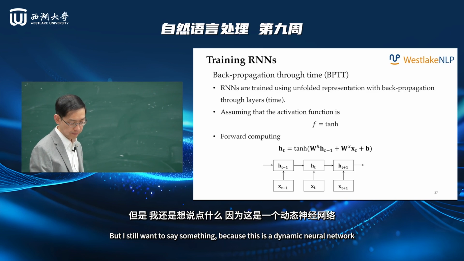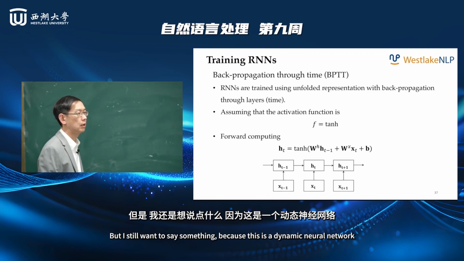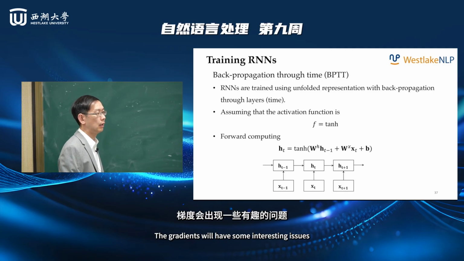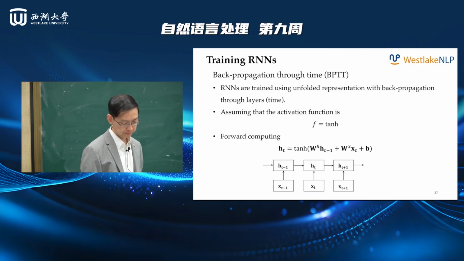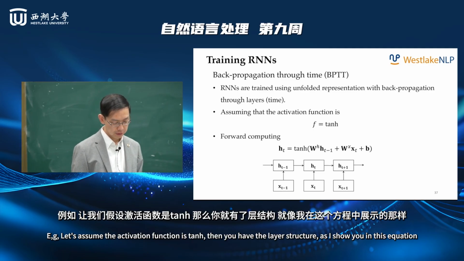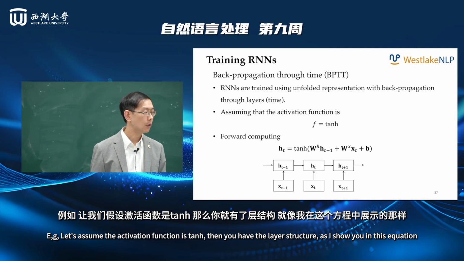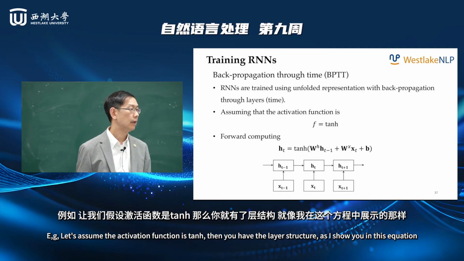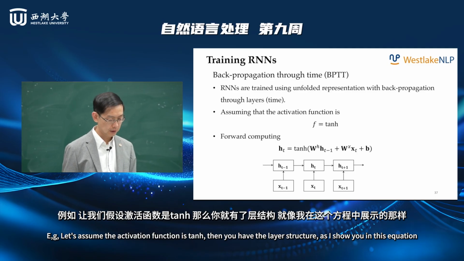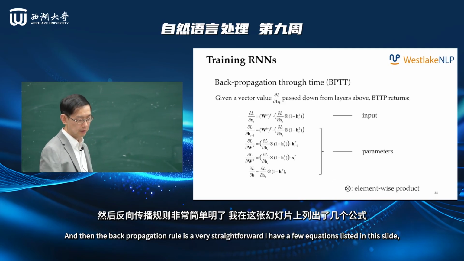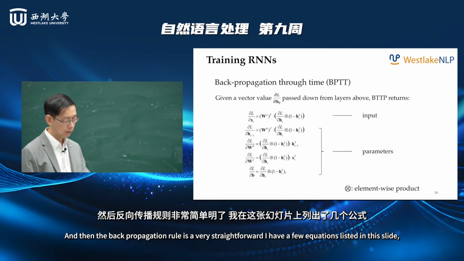Okay, but I still want to say something because this is a dynamic neural network. The gradients will have some interesting issues. For example, let's assume the activation function is tanh. Then you have the layer structure as I show you in this equation. And then the backpropagation rule is very straightforward.